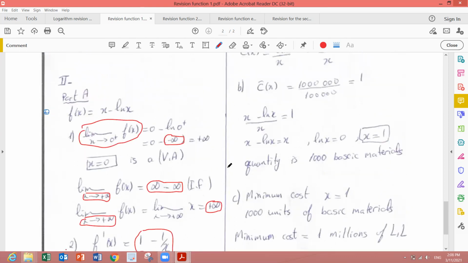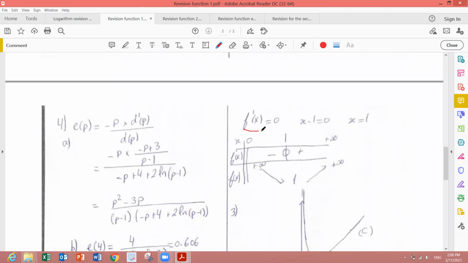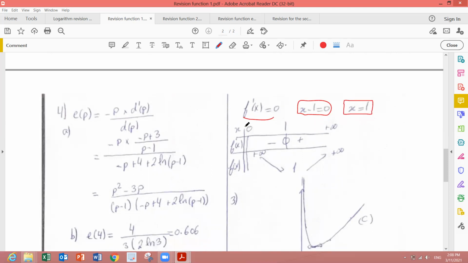Now we solve f prime of x equal to 0. It means that x minus 1 equals 0, so x equals 1. Now, for the table of variations, we put the domain from 0 to plus infinity, and at 1 the derivative is 0.